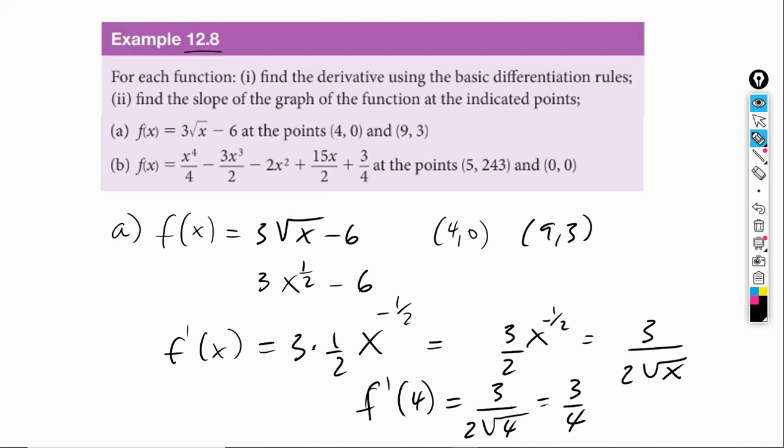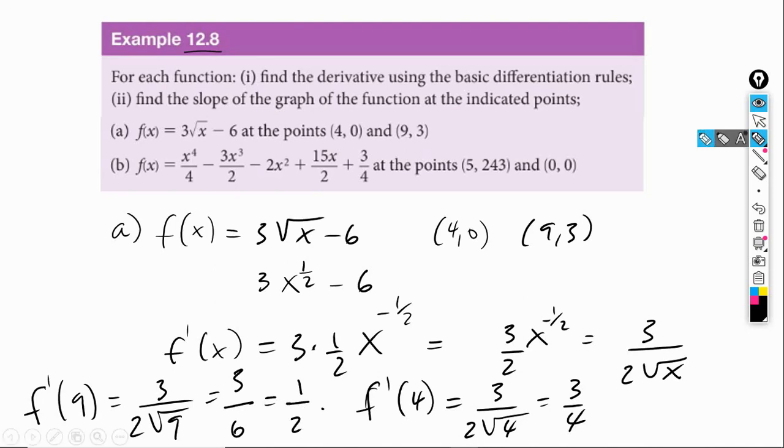So that means that the slope of the function at x equals 4 is 3/4. Now let's do the same over here to the left with 9. So all we have to do is just plug in 9, and we're going to get 3 over 2 times the square root of 9, and this is going to be 3 over 6, which is going to be 1/2.